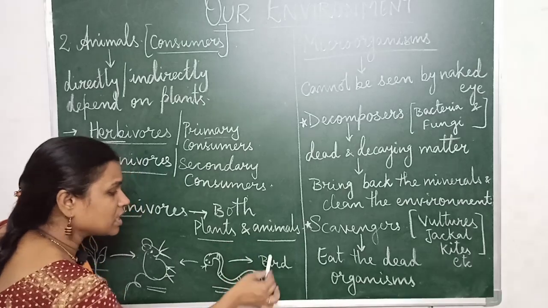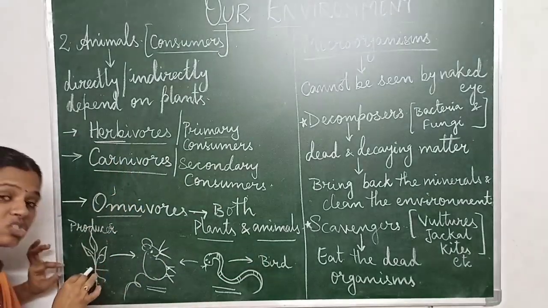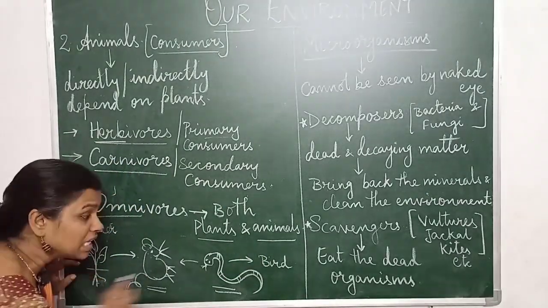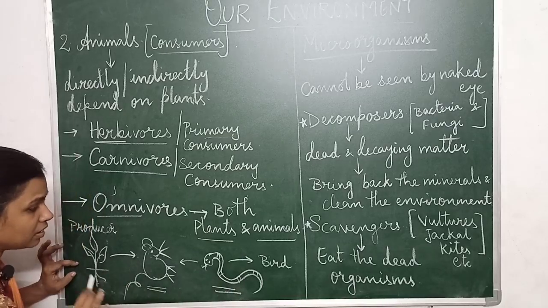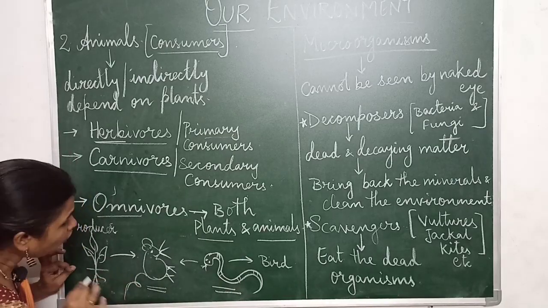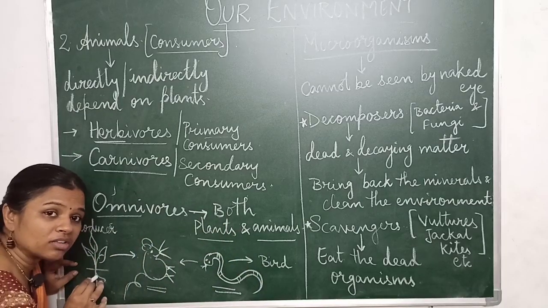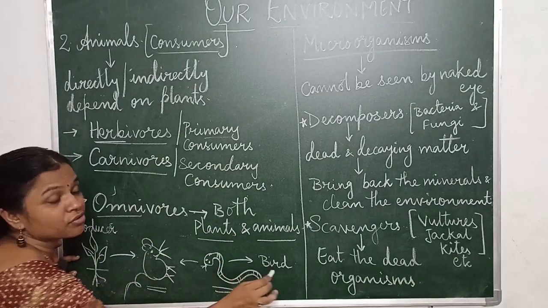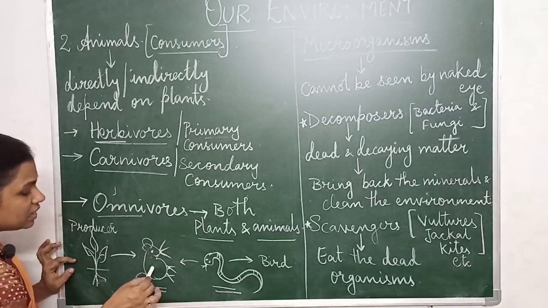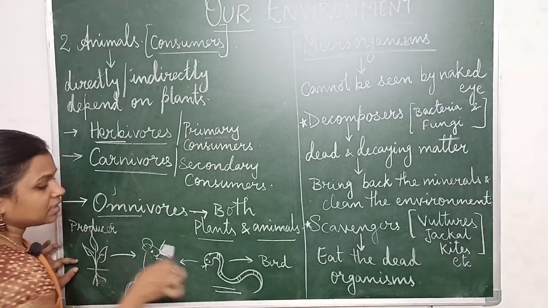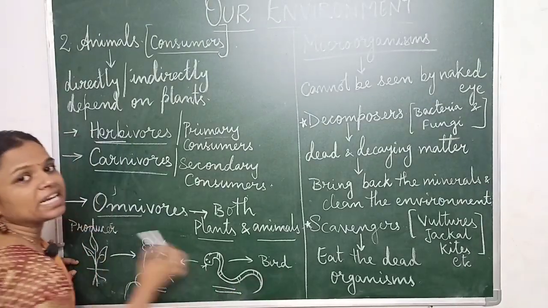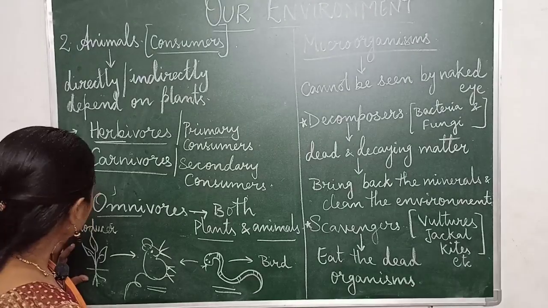So here you see the bird, although it is not eating the plant material in this example directly, it is indirectly dependent on the plants for its food. Understood? Here the rat is directly dependent, the snake and the bird are indirectly dependent on the plants.